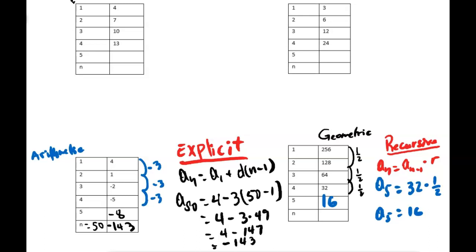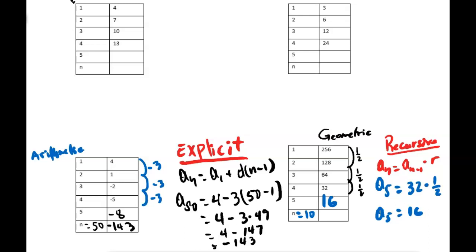But what if we need to find the nth term? If n is equal to 10, we're going to find the 10th term. In this one, we're going to use the explicit formula, because to use the recursive formula, I would have to have the ninth term, which I don't have, and then I'd have to find the 8th term.